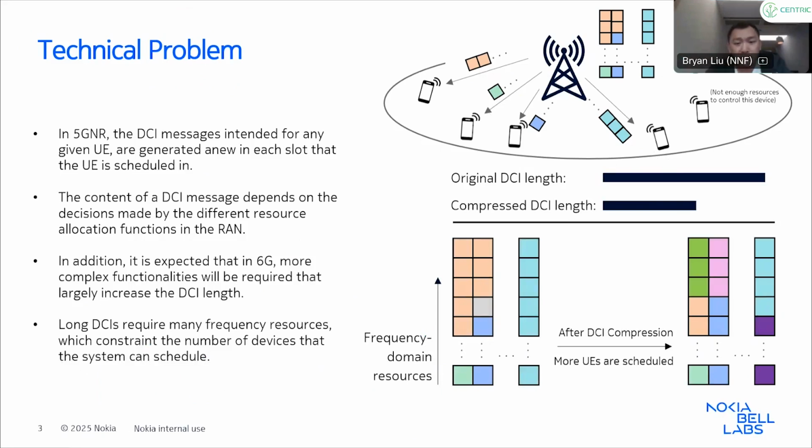But if the number of resources is limited, we might not be able to control that many UEs in a limited time. A direct way to solve this problem is to reduce the length of the DCI message, because the shorter the length, the fewer resources are required to control one UE. That's why we work on a lossless compression technique to compress this DCI message, so that we can control more UEs in a limited time.